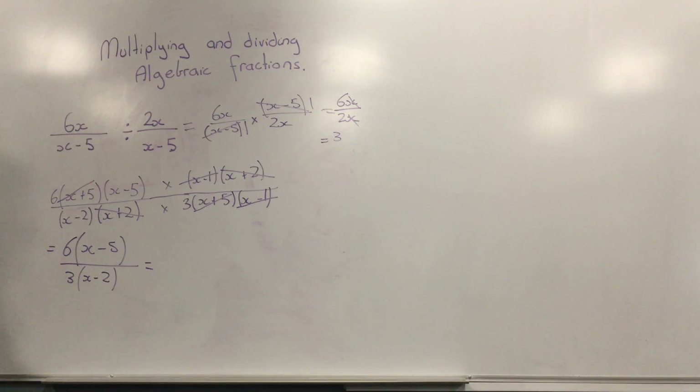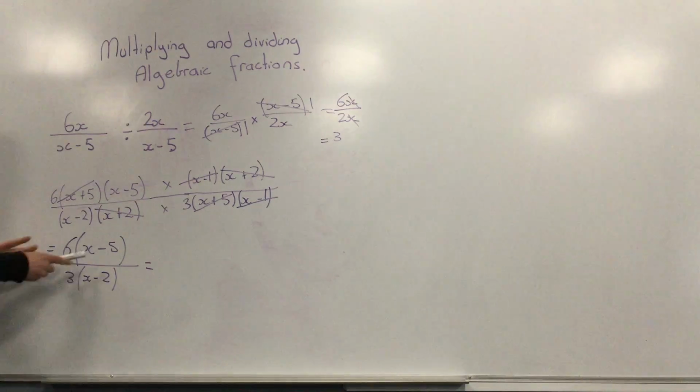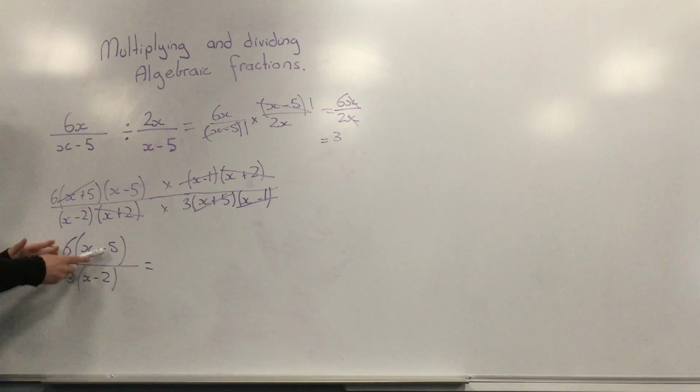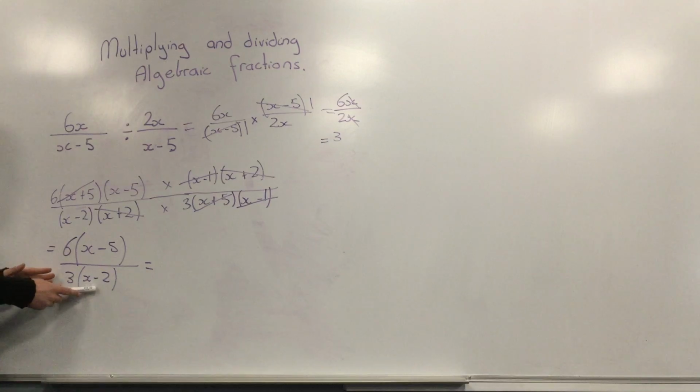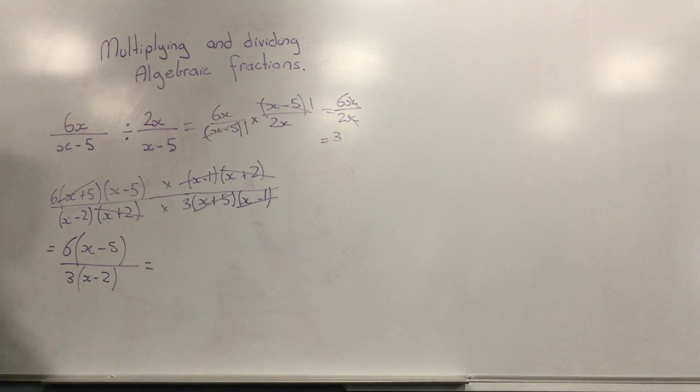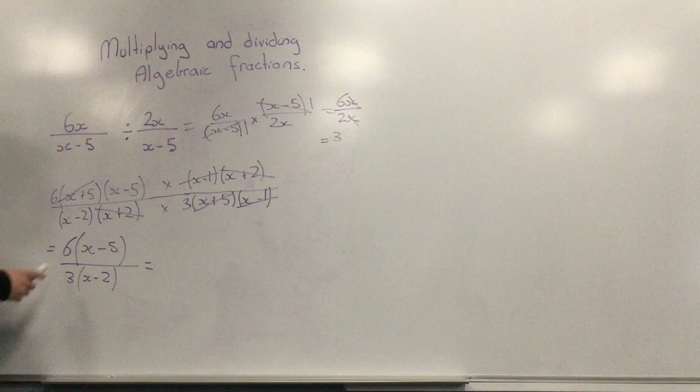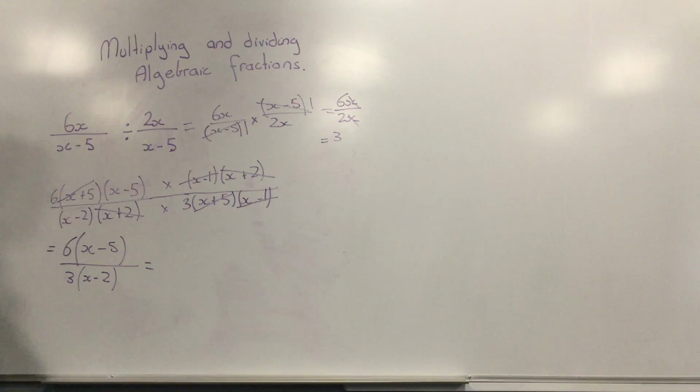Now the next thing I would like to think about is, because everything's being multiplied on the numerator and everything's being multiplied on the denominator, I can already still see something that is common, and that is 6 and 3. And so I'm looking at, okay, well, what is the highest common factor of 6 and 3? They both have 3, because 3 goes into 3 once, and 3 goes into 6 2 times.